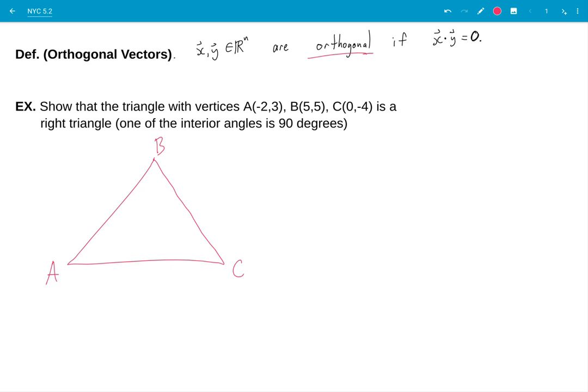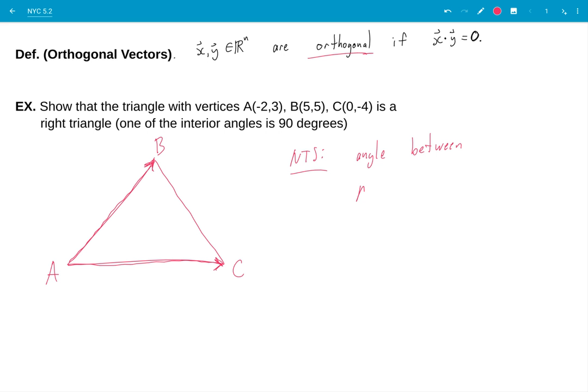So I want to show that one of these angles is 90 degrees. So I need to show that, let's see, the angle between this vector and this vector is 90, or maybe some other angle between two sides.